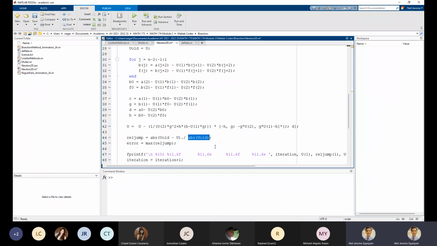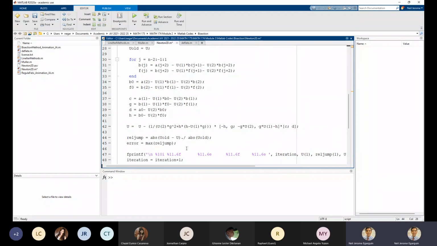That will represent the relative jump on U. Okay? Kukumputin niya yung u sub j plus 1 minus u sub j all over u sub j absolute value. Okay? Tapos, kukunin niya yung second entry nito, i-divide niya by the second entry of this guy, you will get the relative jump for the VJs. Alright?